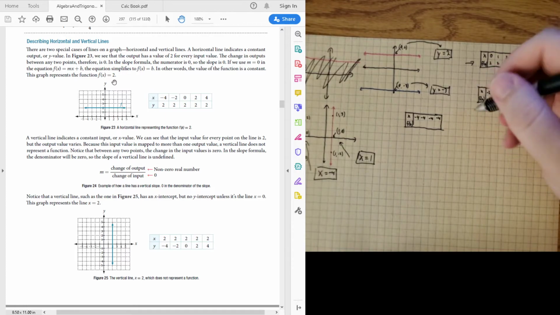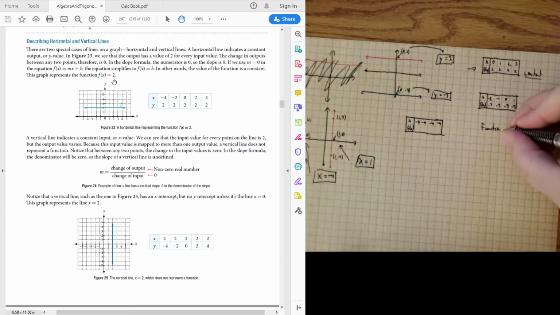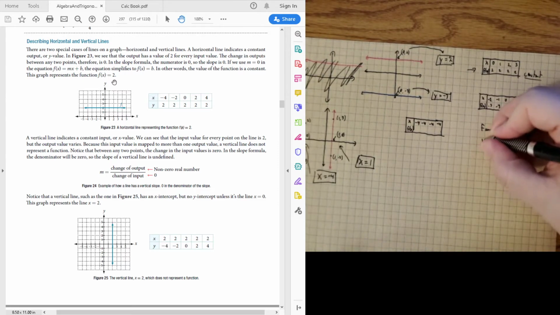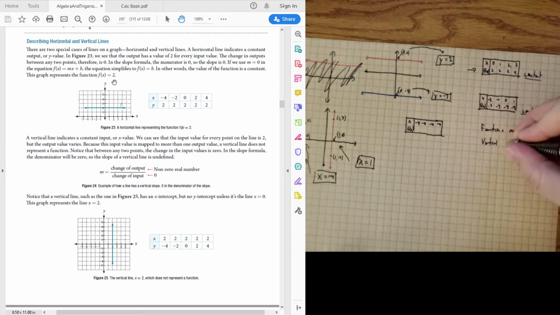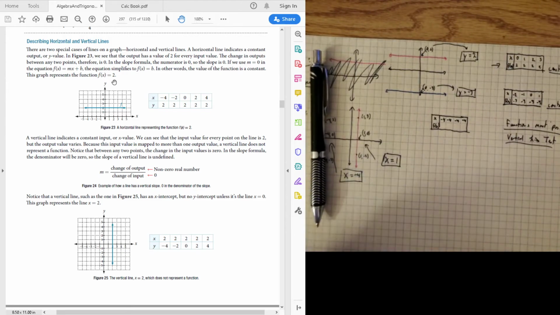If you think back to all the way when we talked about function notation, functions must pass the vertical line test. They must pass it to be considered a function. This graph doesn't pass that test.